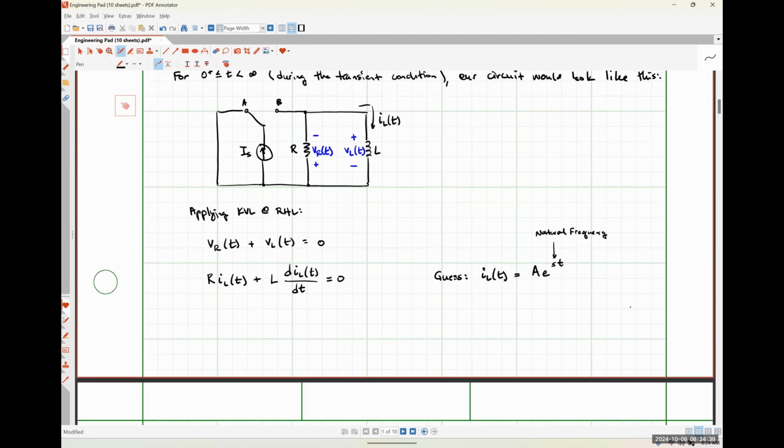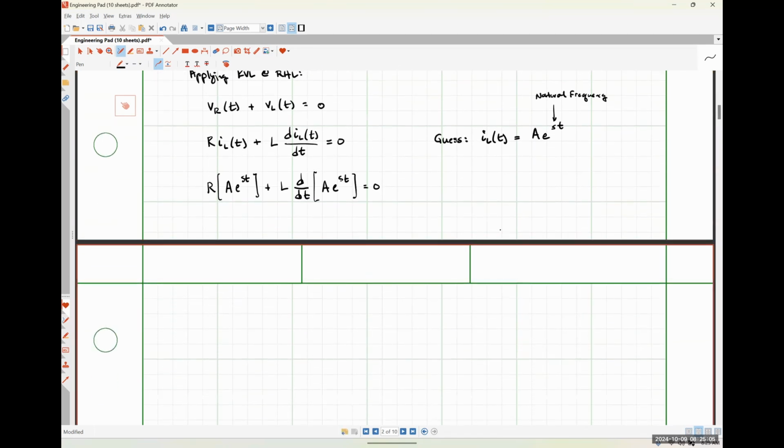So if I substitute in that particular guess value, I would have R times A e to the st plus L times the derivative with respect to time of A e to the st, and these have to be equal to 0.